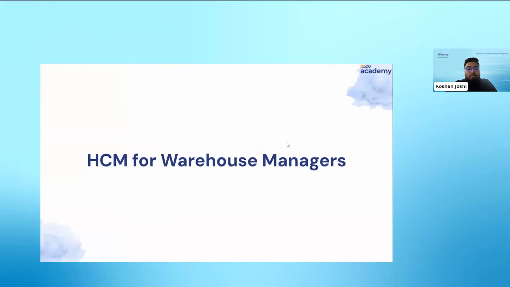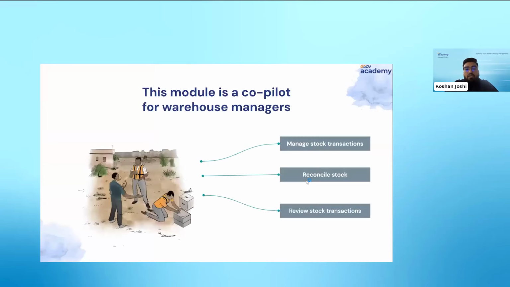So warehouse managers can use HCM to track the inventory and record multiple transactions. For example, you can record how much stock has been received from one facility to another, how much stock has been issued, what stock has been returned, and you can also track any losses or damage in the stock transferred from one warehouse to another. All these transactions can be easily recorded in HCM.